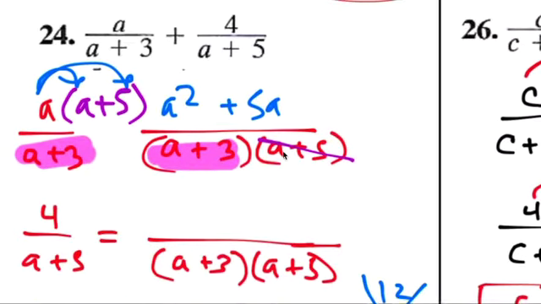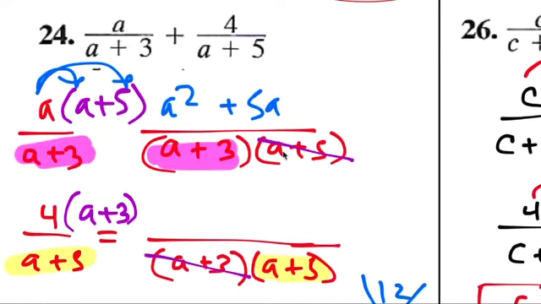This one here has this one, but it's missing this one. So it's missing a plus 3. So that's what you multiply that with. So times that for a plus 12.